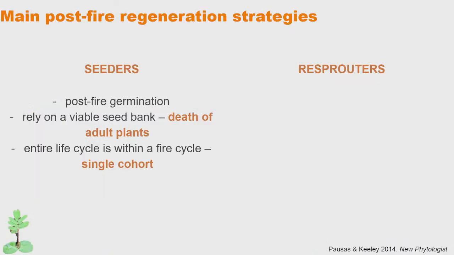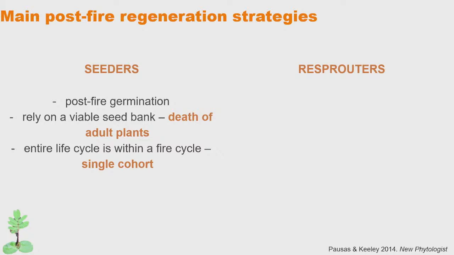When we talk about regeneration strategies, we usually divide plants into seeders and resprouters. Seeders usually have the adult plants killed by fire. For the population to persist, it will rely on germination from a viable seed bank, and the cycle of the plant is usually within the fire event.